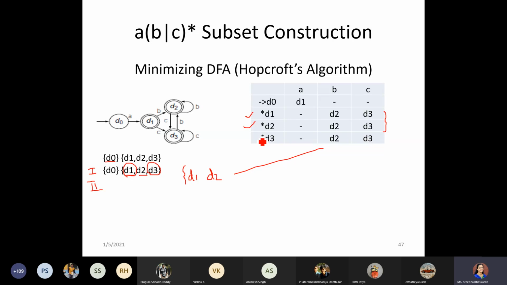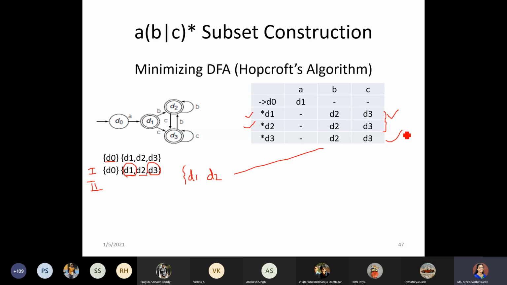I can check D3 with D1 or with respect to D2. Any of these two I can pick up and see whether it goes with this or not. So now if I am picking up D1, comparing D1 and D3, come to the transition table. You see your D1 and D3.